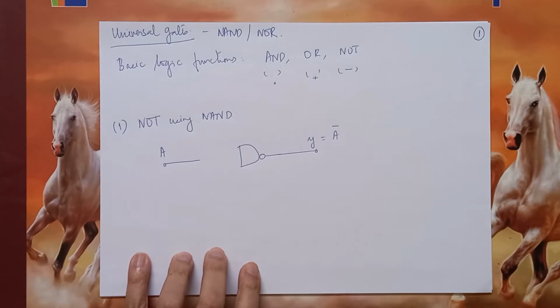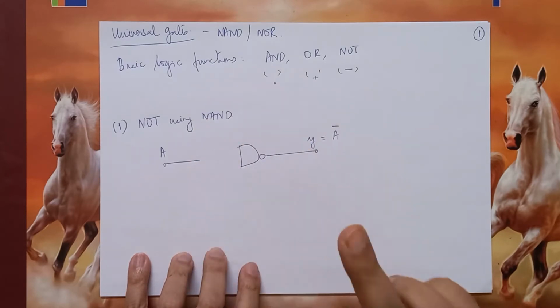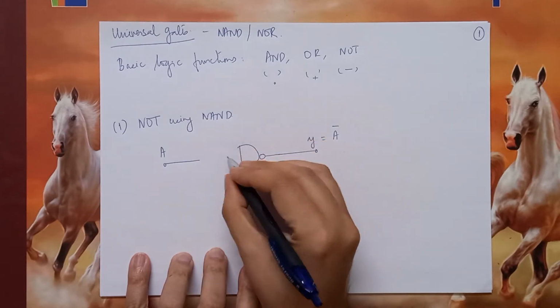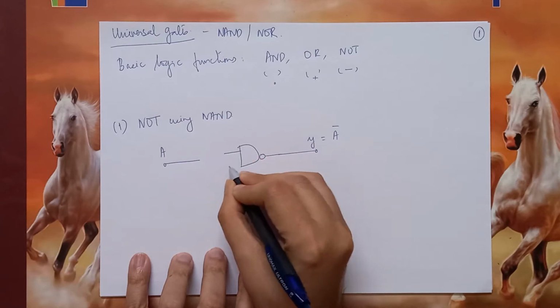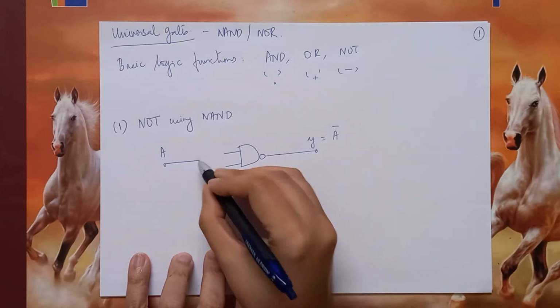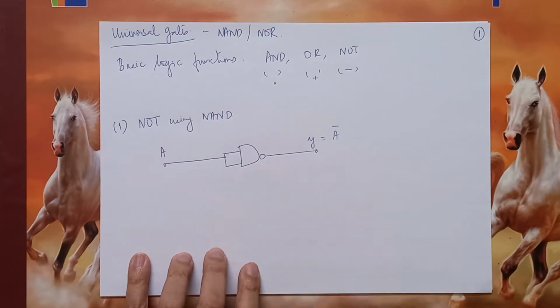But as we know, even though we have one input, a NAND gate needs a minimum of two inputs. So since there is no possibility to give any different input in this case, this A will go to both the inputs of this NAND gate.